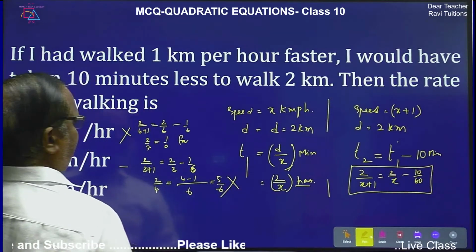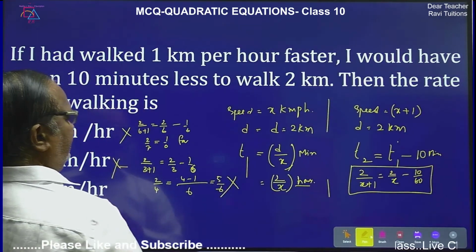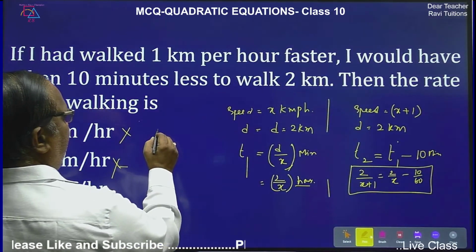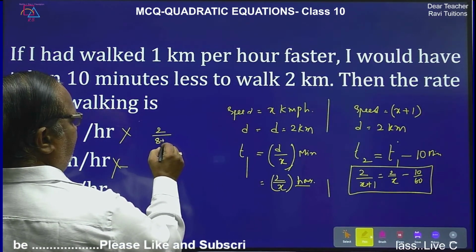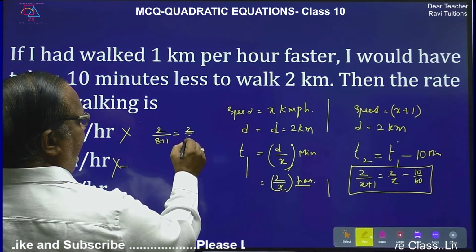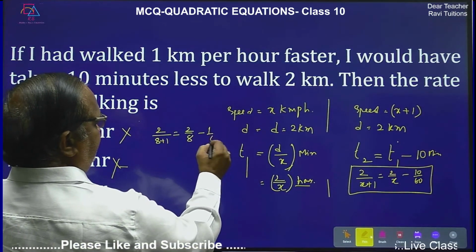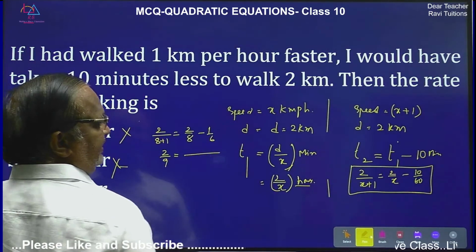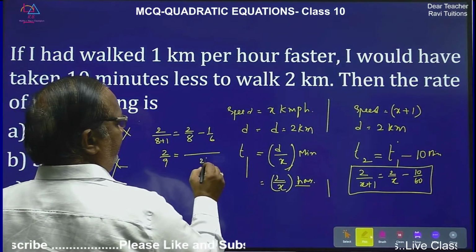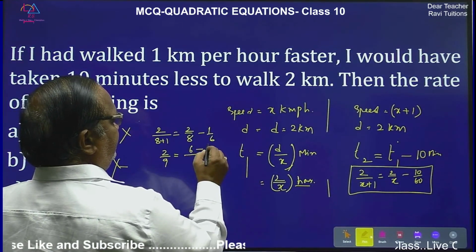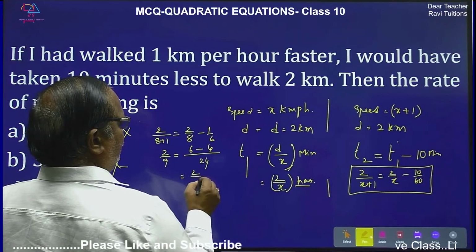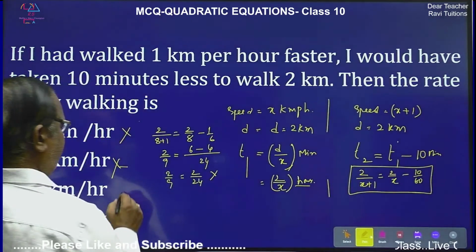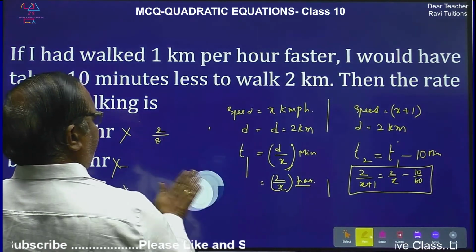False. Okay, both answers cannot be. Now 8. 2 by 8 plus 1 is equal to 2 by 8 minus 1 by 6. So this is 2 by 9. 8, 6 LCM is 24. So 6 minus 4. So 2 by 24. False.